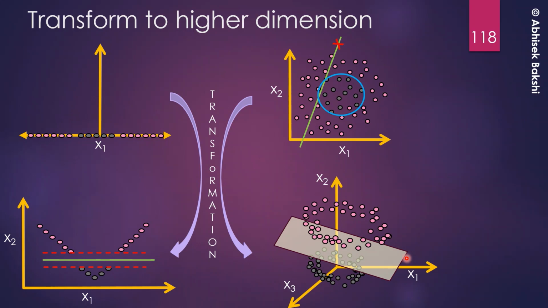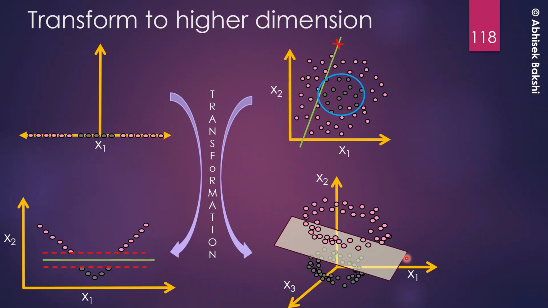There is a concept called the kernel in support vector machine, which does this transformation on your behalf. Once we write the support vector machine code, you will see that, based on the data set or the nature of the data, we can utilize different types of kernel functions through which this transformation will happen, so that it is much easier to create a very good support vector machine model with good accuracy.